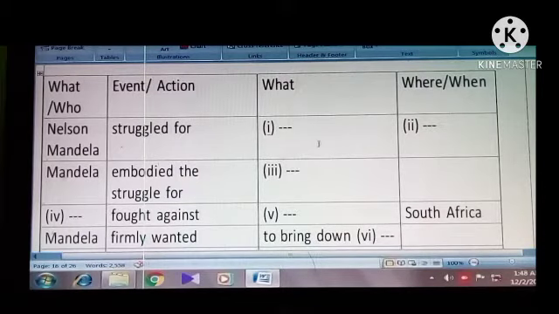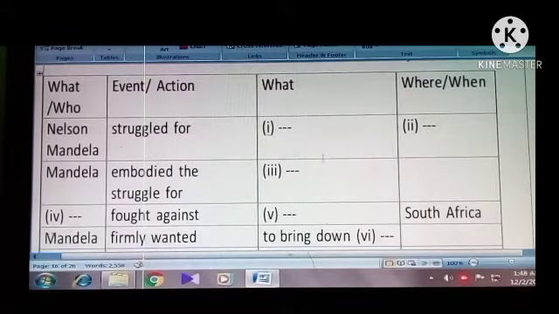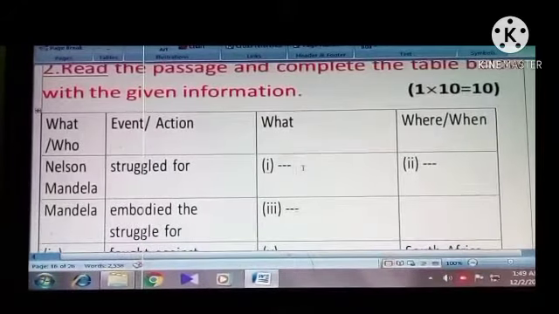So here in the first question we find Nelson Mandela struggled for what? Number 2, where or when. In our passage we got that Nelson Mandela struggled for peace. Where?